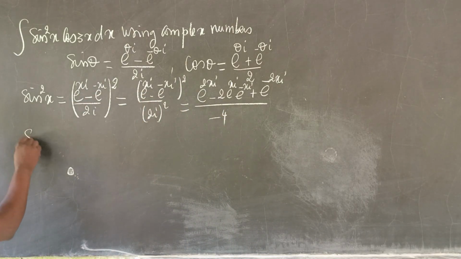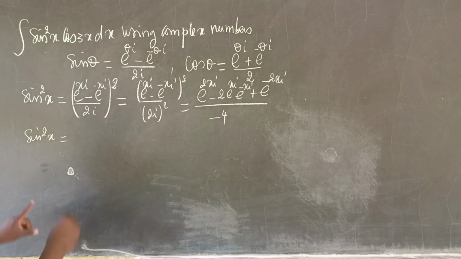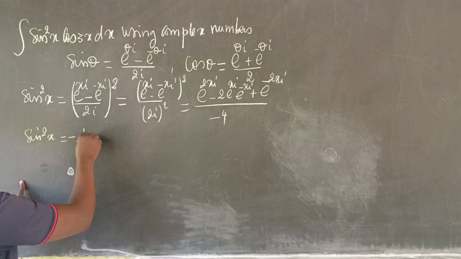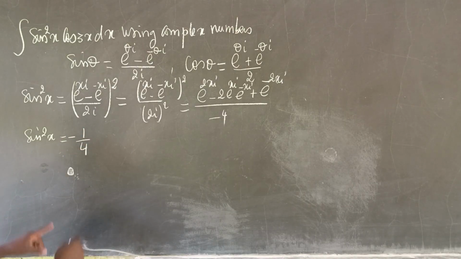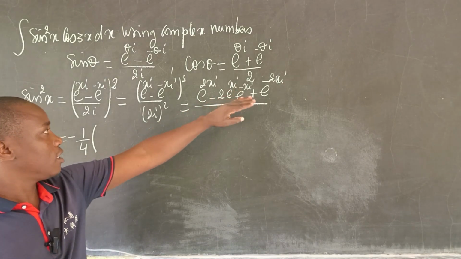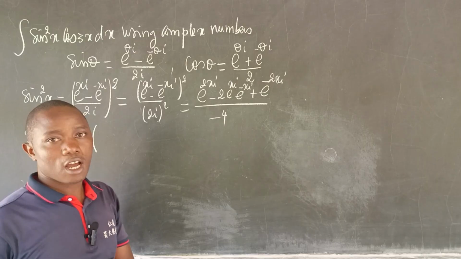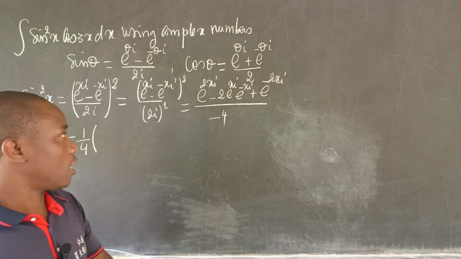Here, the square of sine x is equal to minus 1 over 4 into this, which will give 1 because the exponents are of different sign but they are the same.